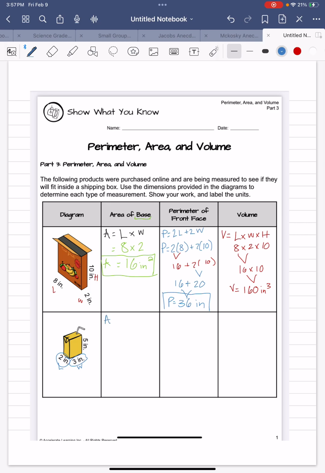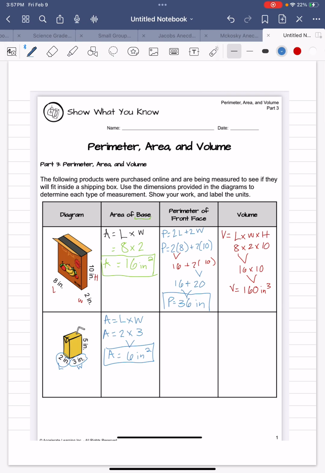So I'm going to write the A equals length times width formula. And I'm just going to plug and chug. Here we go. 2 times 3 is my plug. Now I'm going to chug it out. 2 times 3 is 6. So my area of this base is just 6 square inches.